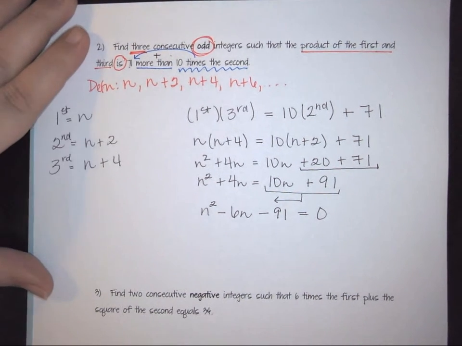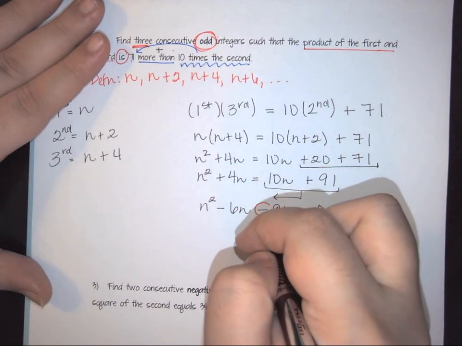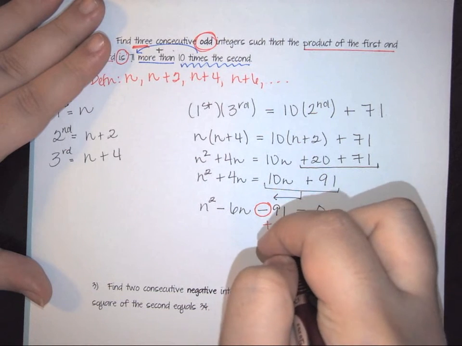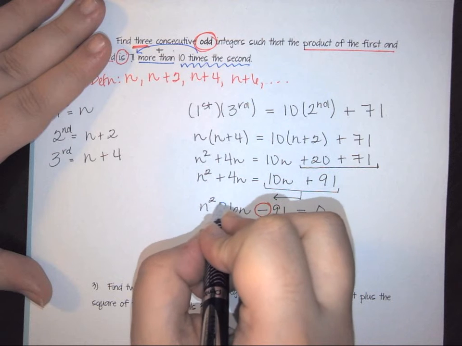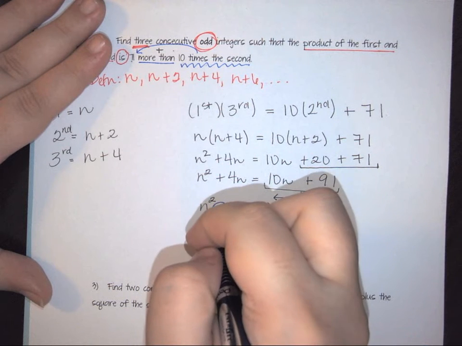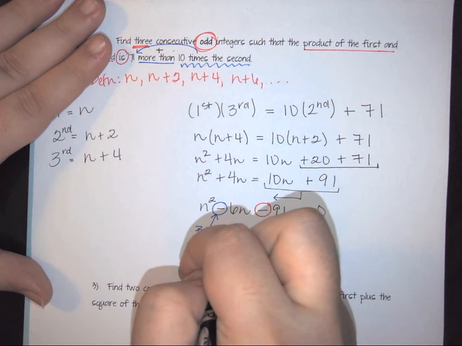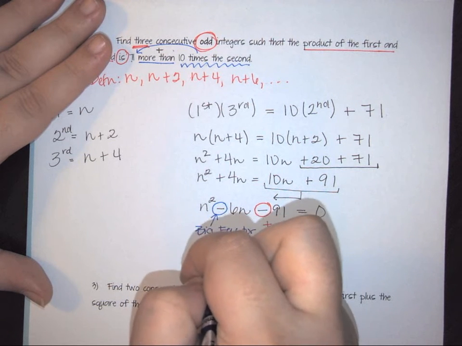Again, I can look at what it is that I am being told. So this first sign is going to tell us that we're going to use positive times negative. This back sign here is going to tell me that the bigger factor is negative.